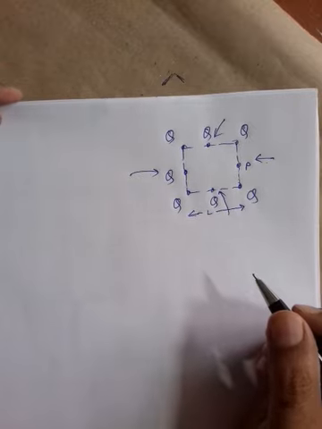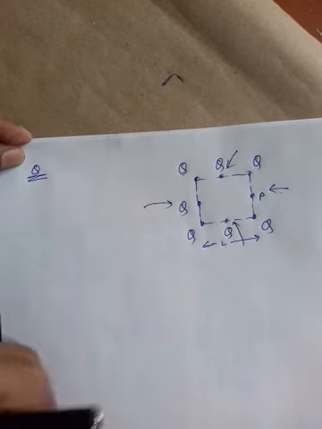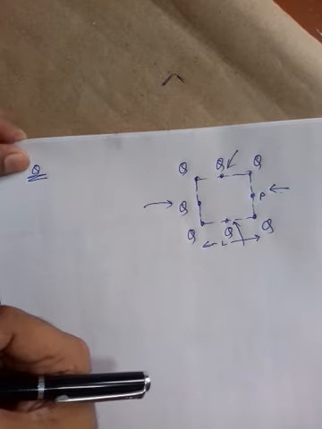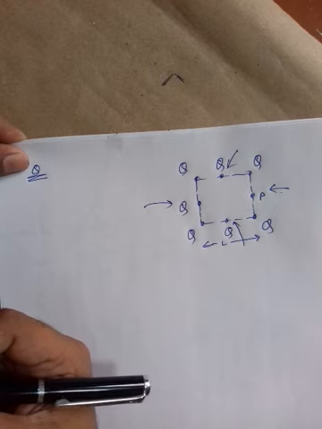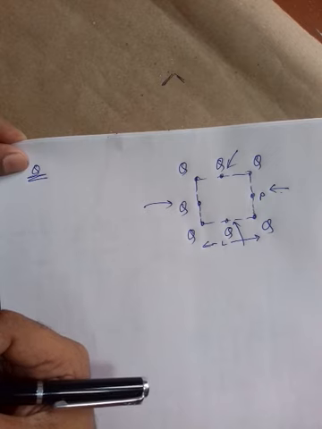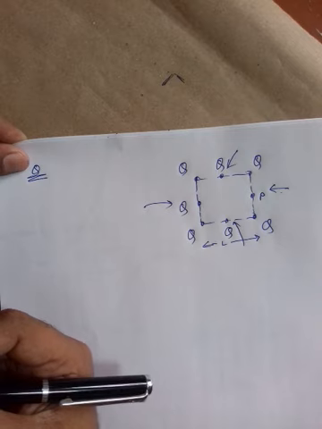So I am writing the question for you. My advice is you should write the question first. Figure shows an arrangement of 4 point charges kept fixed at the corners of a square of side L. Another 3 point charges, capital Q each, are kept at the midpoints of 3 sides.